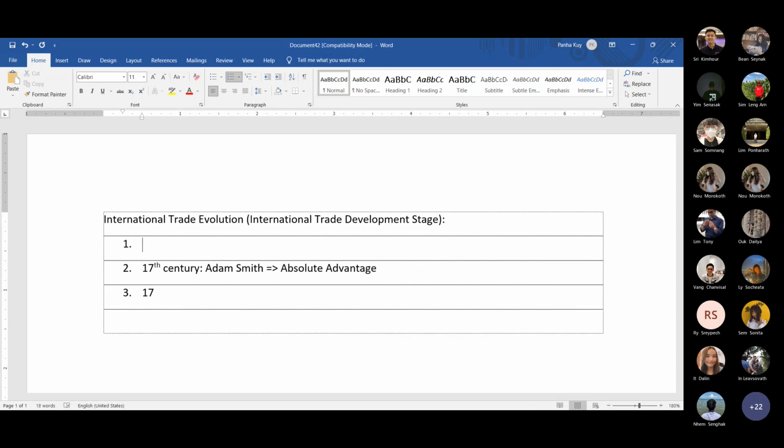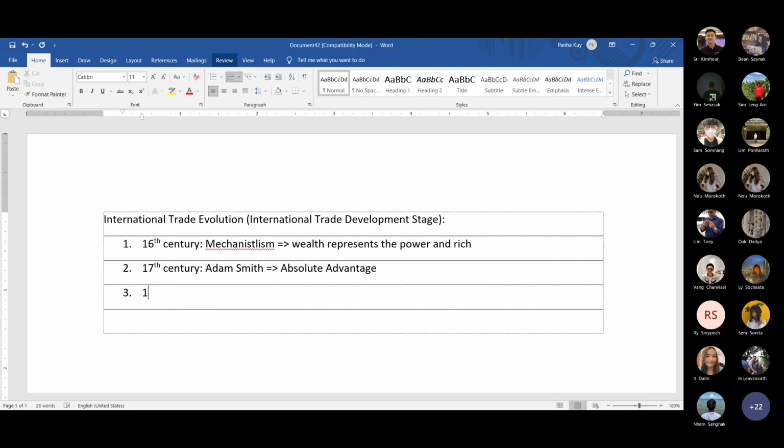Before that, the 16th and 17th century was the mercantilist period. Mercantilism, maybe I spelled it wrong. This one is about wealth representing power and riches.